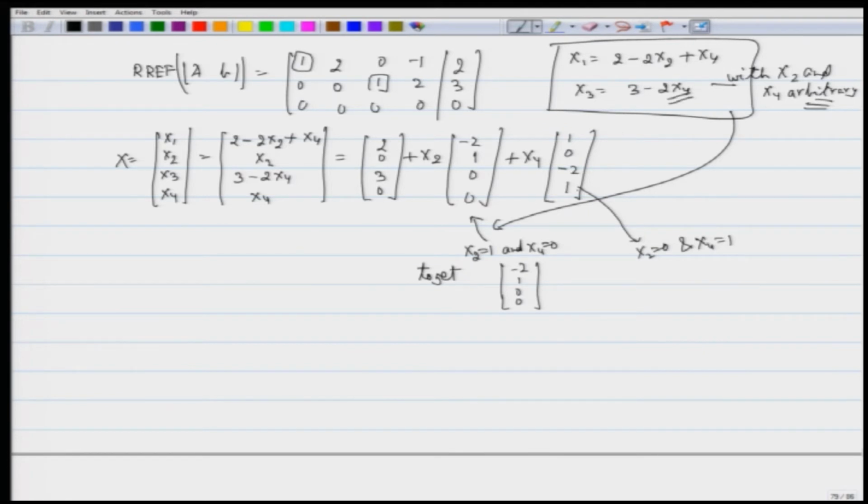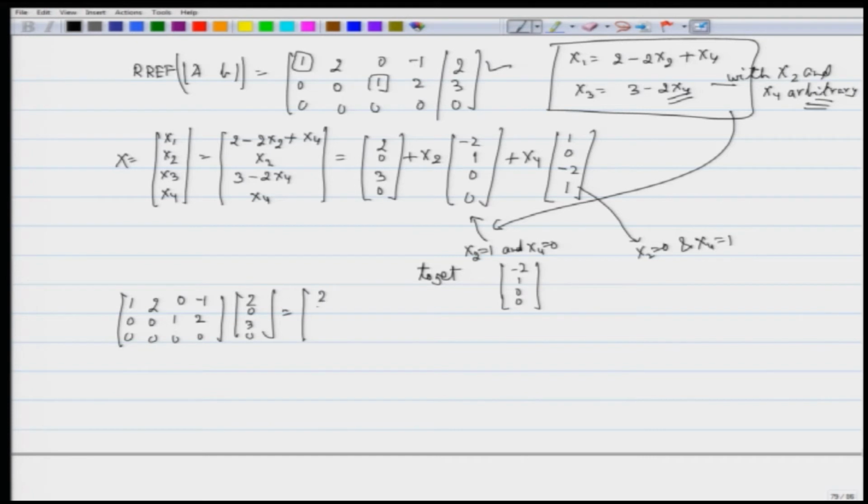Is that okay? So, I would like you to check here that this, times 1 0 0, 2 0 0, 0 1 0, minus 1 2 0, this times 2 0 3 0 gives you this. Just multiply here 2 times this, 0 times this, 3 times this.